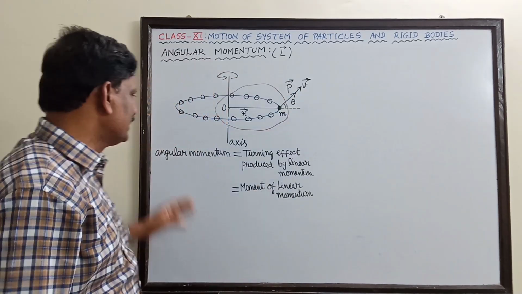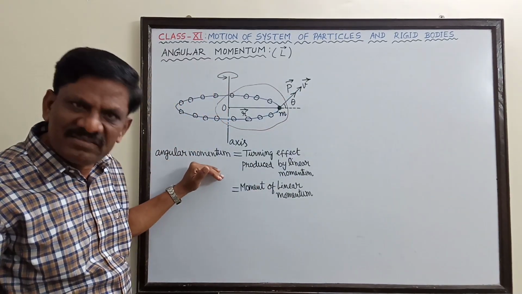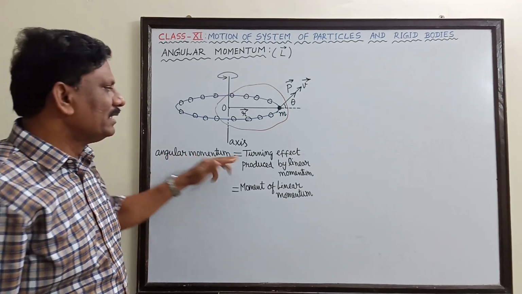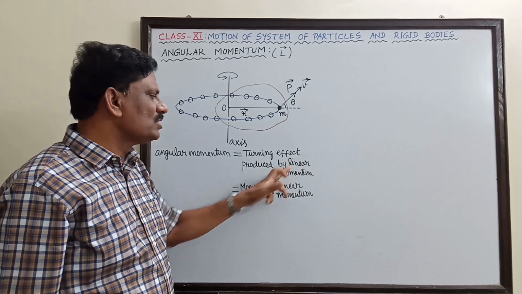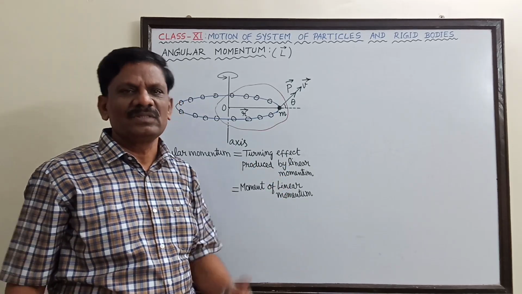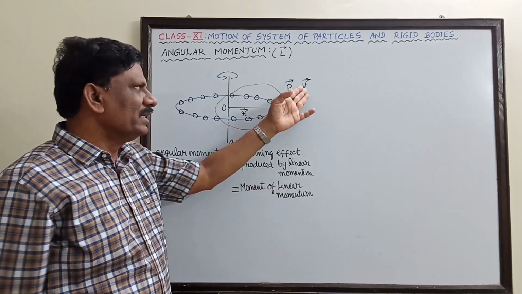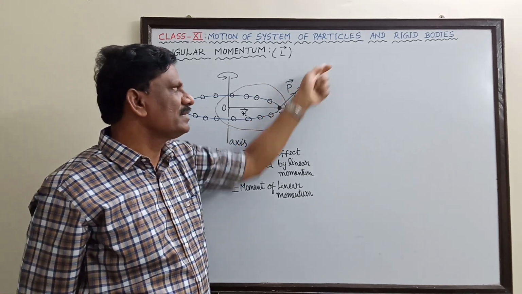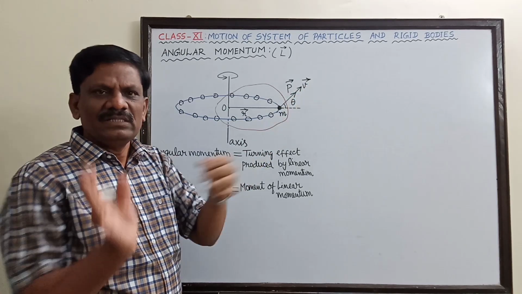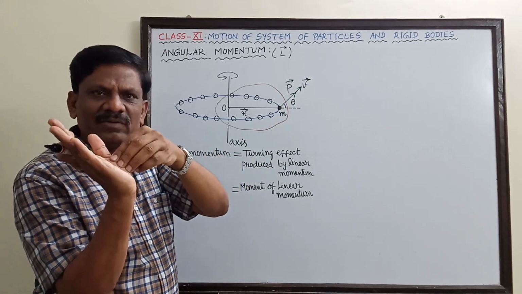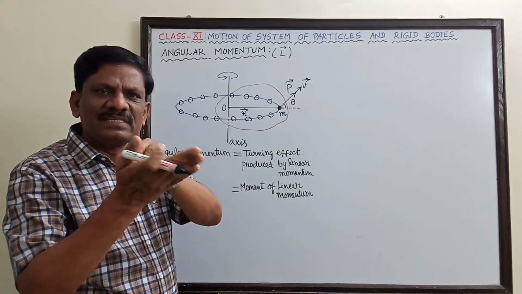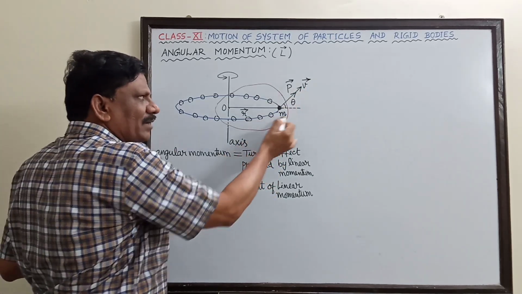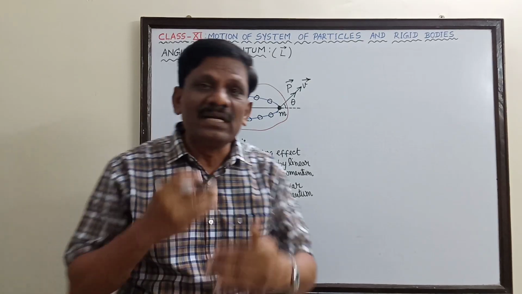Okay. Now what is the angular momentum? Let us define first. Angular momentum is the turning effect produced by the linear momentum. When a string attached to this body is pulled along the direction of this velocity vector, it is going to rotate about the fixed axis, so the momentum of the particle will produce a turning effect.